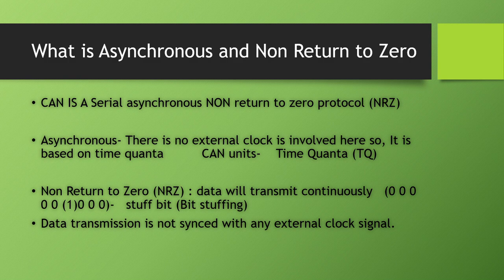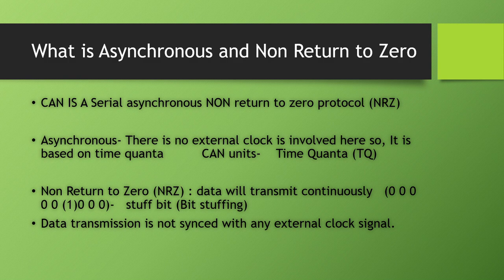Data transmission is not synchronized with external clock signals. I said that, right? When we transmit data, it is not synchronized with external clock signals and does not use external clock signals, so it is an asynchronous protocol.